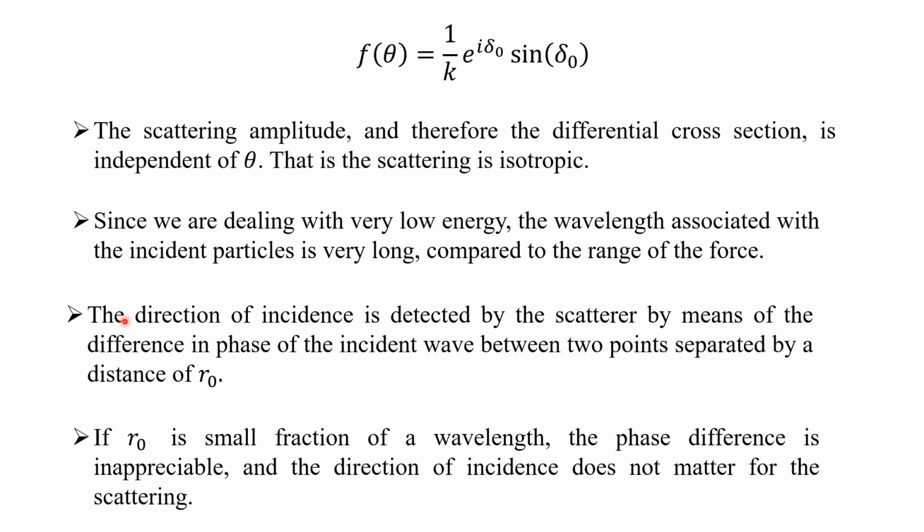The direction of incidence is detected by the scatterer by means of the difference in phase of the incident wave between two points separated by a distance of r_0. If r_0 is a small fraction of the wavelength, the phase difference is inappreciable, and the direction of incidence does not matter for the scattering. So these are some of the important points about low energy scattering.